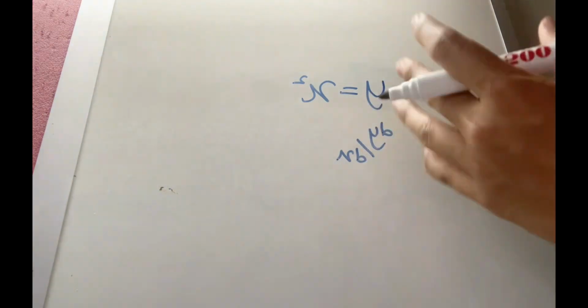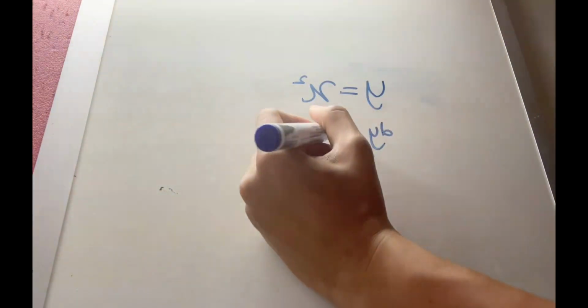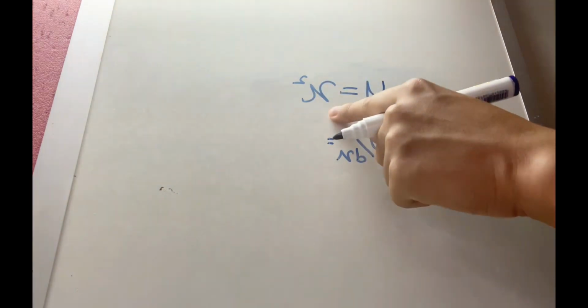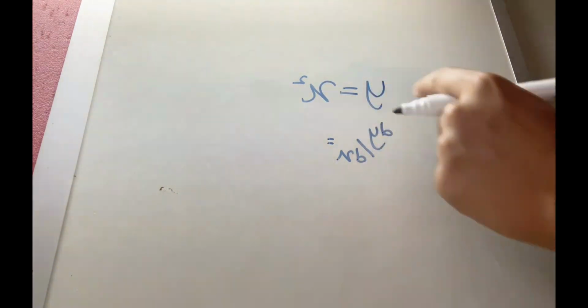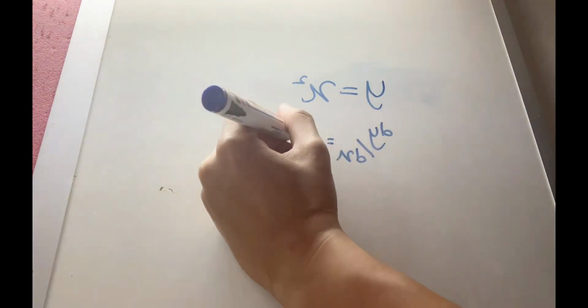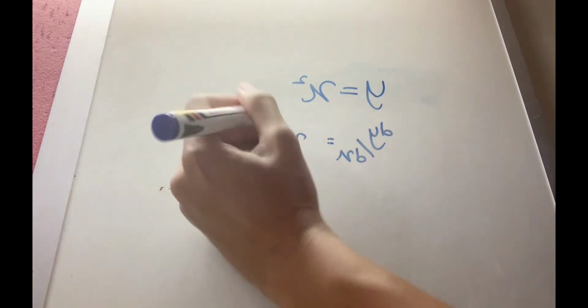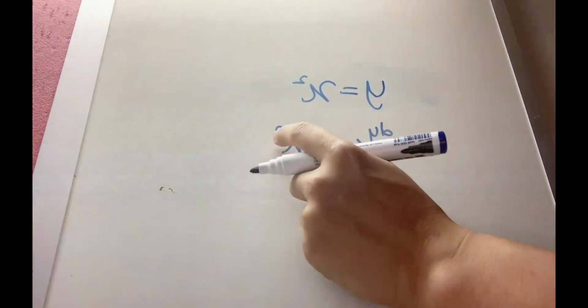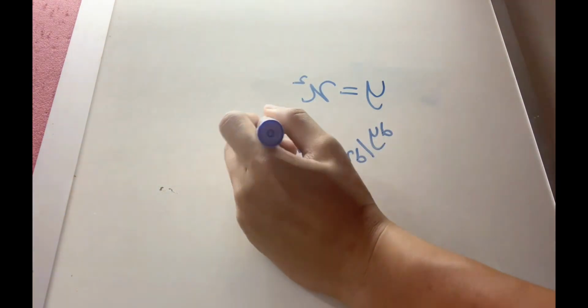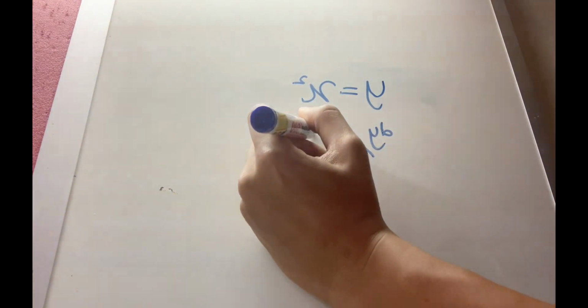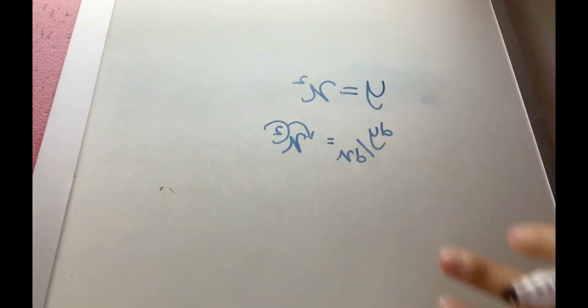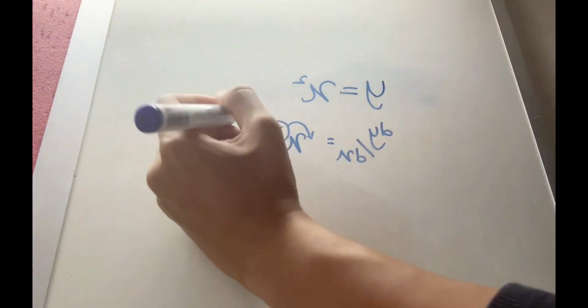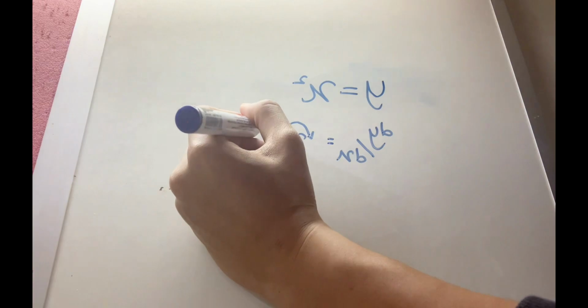Now we go back to differentiating. We have dy over dx, and how do we differentiate x squared? First of all, we need to play with the power. As we can see, the power here is 2. We need to bring the power to the front and subtract the power by 1.